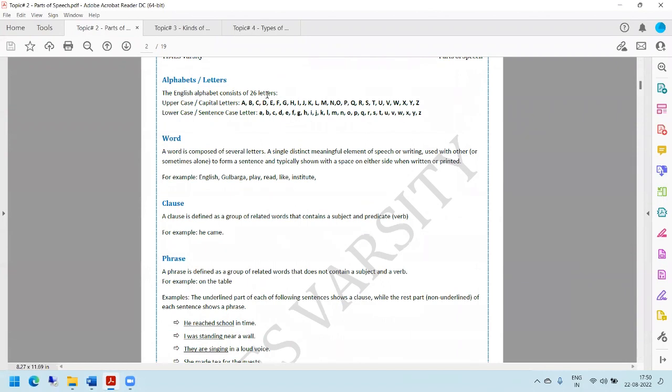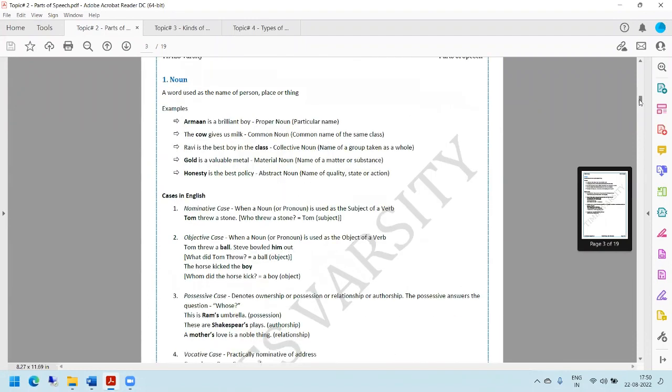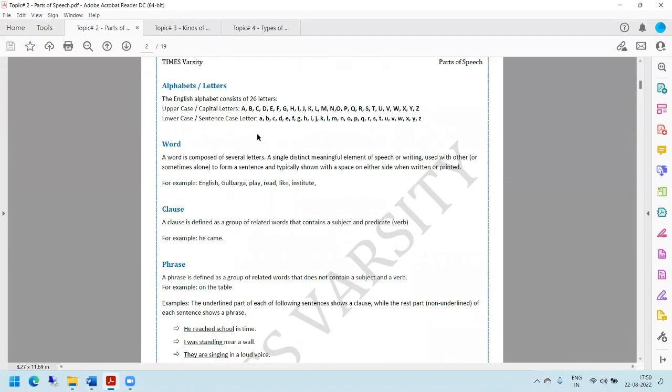So there are 26 letters, and out of these 26, 5 are called vowels, and those are A, E, I, O, U. So these 5 alphabets are called as vowels, and remaining alphabets are called consonants.